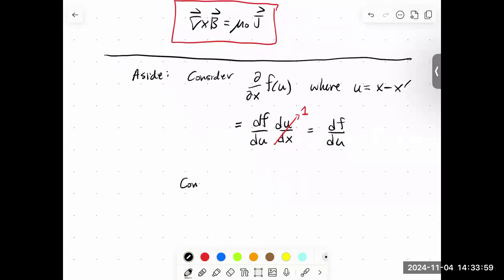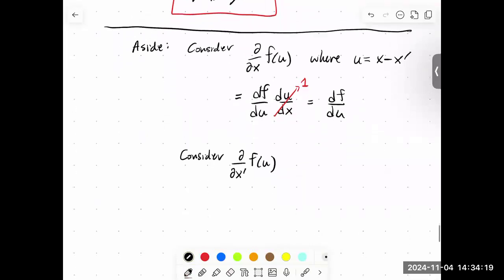Next, I want to consider the same thing, except I'm going to take a derivative with respect to x prime of this function f of u. Well, it's the exact same thing, just chain rule again. So this is going to be df du, and then it's going to be du dx prime. This part is obviously the same. What does this part give? -1.